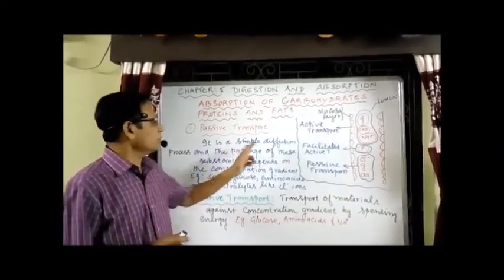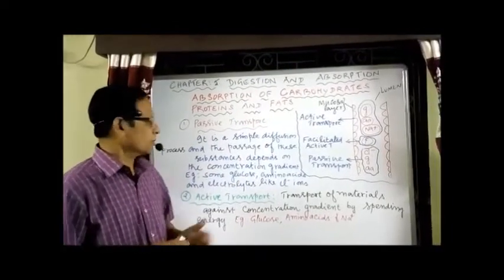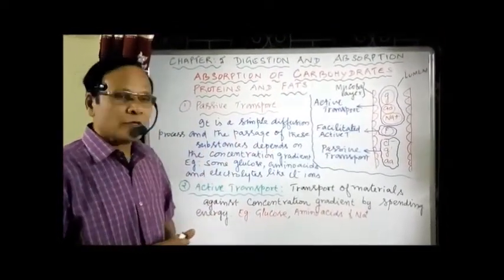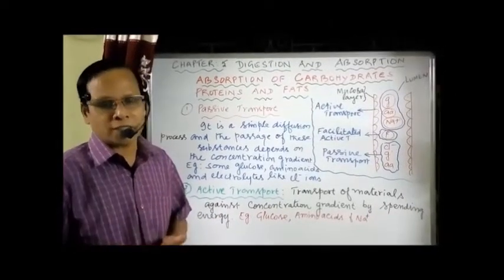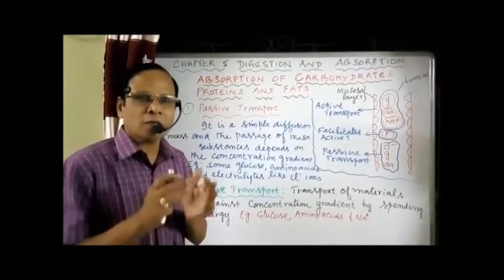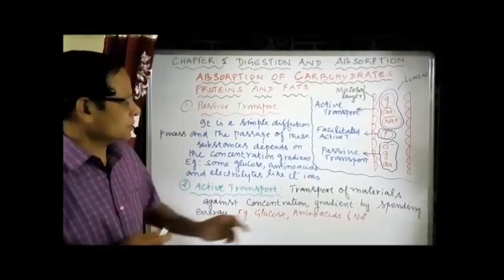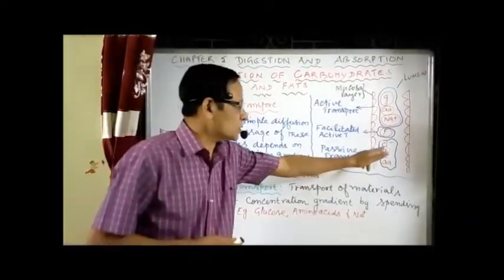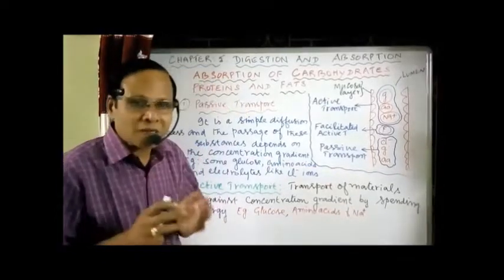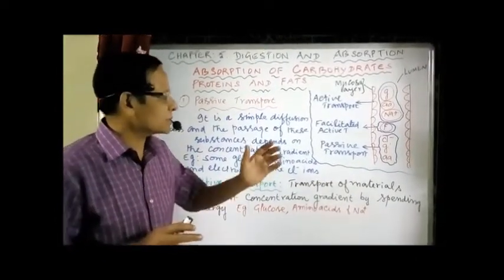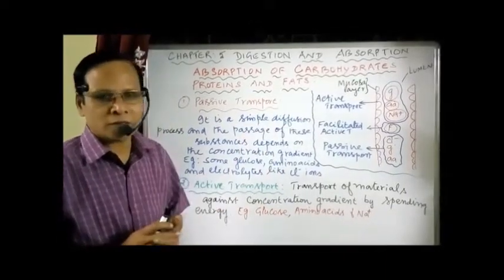So it's a simple diffusion process, and the passage of these substances depends on the concentration gradient. Concentration gradient means concentration differences. Suppose I mentioned about passive transport, some glucose, some amino acids, and chloride ions.